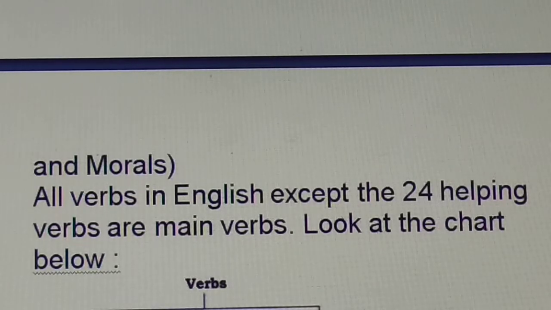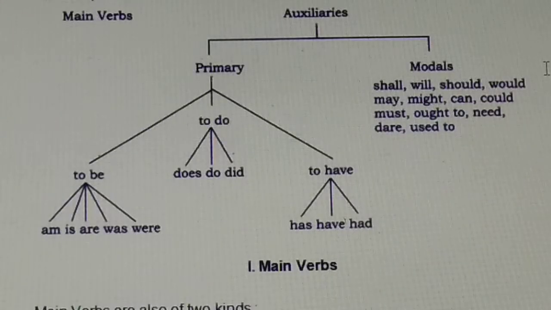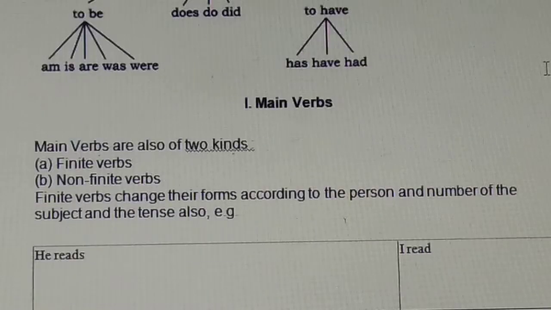Okay, now let's see a chart. Look at this, children. Verbs: main verbs, auxiliaries, primary, modals. Modals are shall, will, should. Primary: to be, to do, to have. And then main verbs. Two kinds, finite and non-finite.